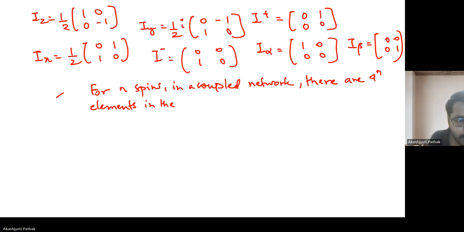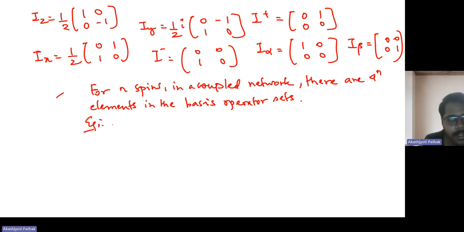For example, if there are two spins, how many total operators will there be? There will be 4 to the power 2, that is 4 into 4, equal to 16 operators.